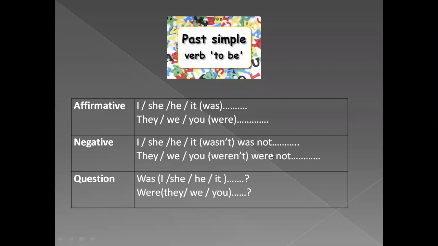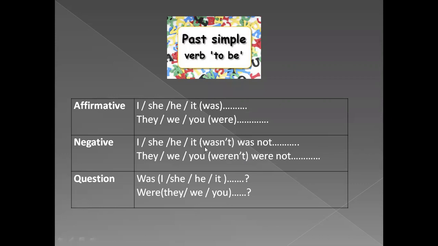Also, we add not to were and it becomes weren't. Also, when my sentence starts with I, she, he, and it, and here it should be in the brackets, not plus be. Not plus be.